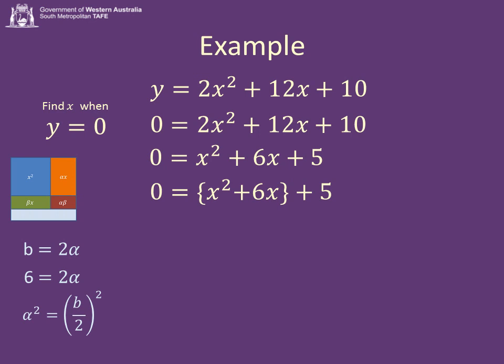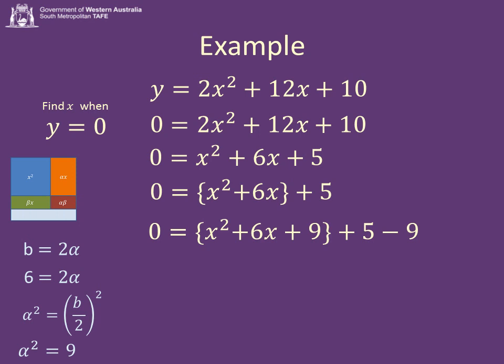Alpha squared must be the b value over 2 squared. b is 6, 6 over 2 is 3, 3 squared is 9, so I need to add a 9 inside the curly brackets.